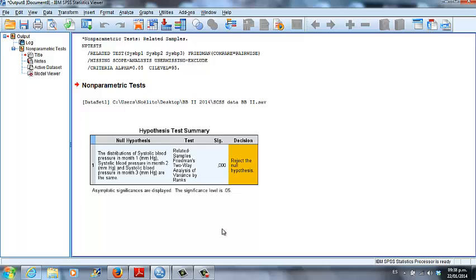This means that there was a statistically significant change in systolic blood pressure in months 1, 2 and 3. This means the intervention of Santa Claus was successful. Nevertheless, you need to check and explore whether there was an increase or decrease in systolic blood pressure, because the non-parametric test doesn't give us the descriptive statistics in this case.